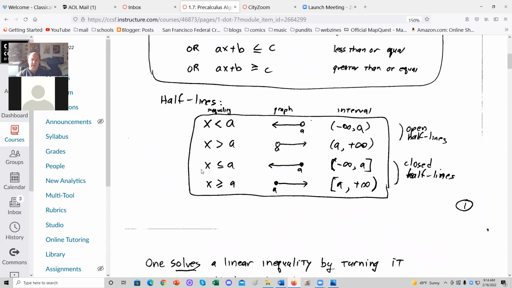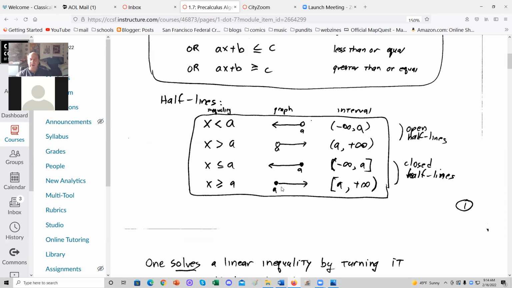Then there's x less than or equal to a, which includes everything to the left of a, and x greater than or equal to a, which includes a and everything to the right of it. X less than or equal to a is denoted by the interval notation round bracket minus infinity to a square bracket. A square bracket indicates that we include the endpoint.